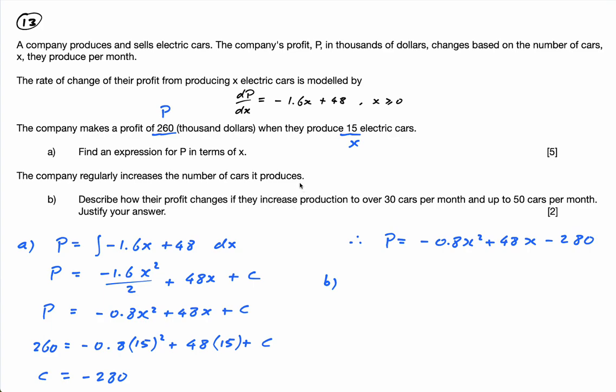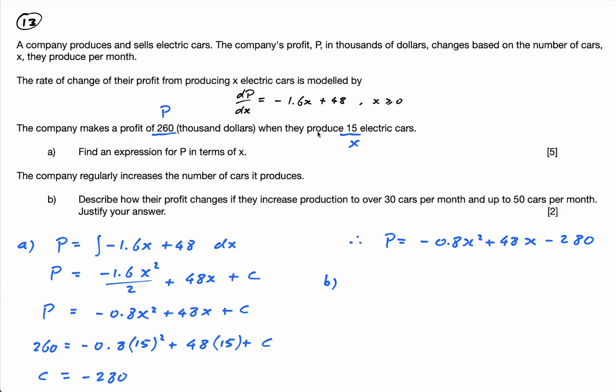Maybe they don't have enough staff, or the factory's not big enough to produce more. There's an optimum amount of cars they should be producing, because the rate of change here will be negative once X goes over a certain value. So the profit's actually going to start to decrease.